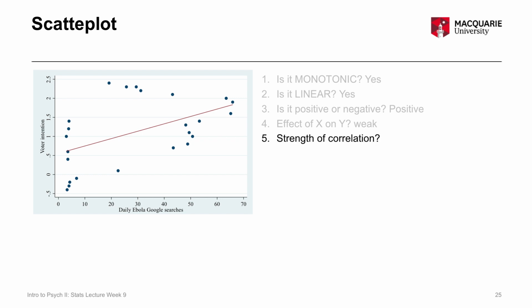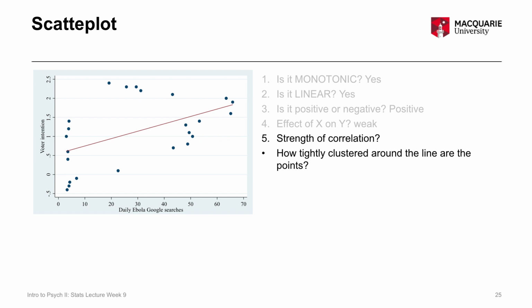Our next point is the strength of the correlation. And we talked about this a little bit earlier. Remember that the strength of the correlation is very different to the effect of x on y, the previous one, which is the steepness of the line. The strength of the correlation is looking at how tightly clustered around the line your data points are, or how much variability around the line your data points represent. So if your data points lie perfectly on the line, or really, really close to the line, if they're very neatly lying on the line, then that's a very strong correlation.